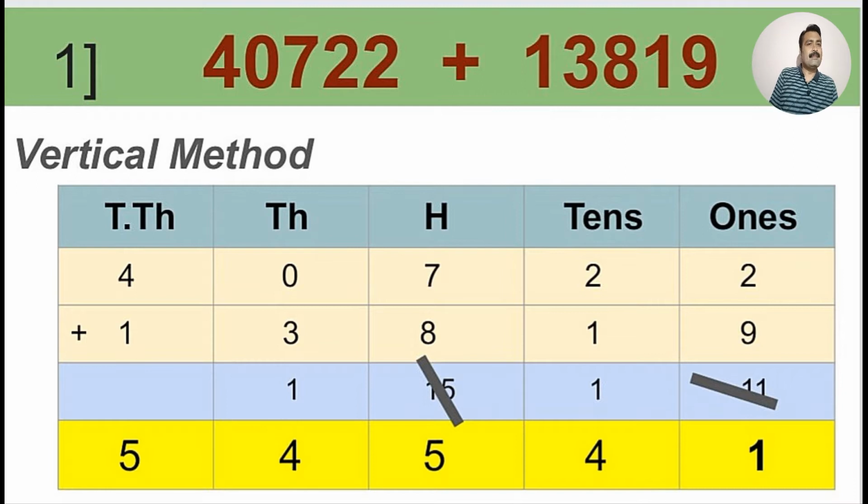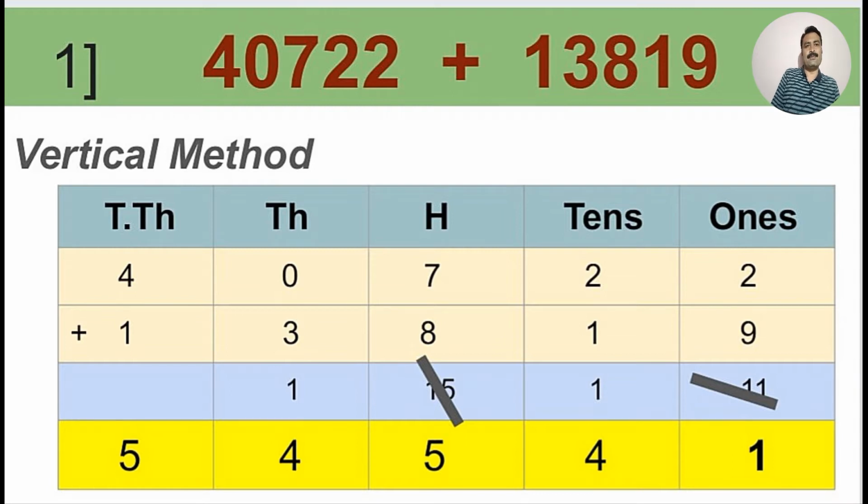That means this is the addition of two 5-digit numbers. In the vertical method for this example, I am using 5 columns. Why am I using 5 columns? Remember, because both numbers are 5-digit. So 5 columns: the first column is ones, second tens, third hundreds, fourth thousands, and fifth ten thousands.